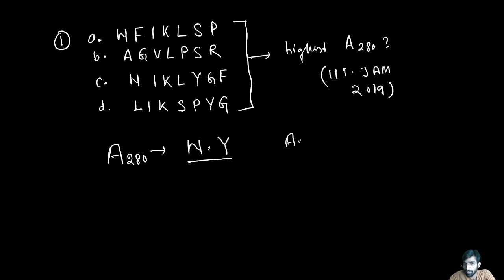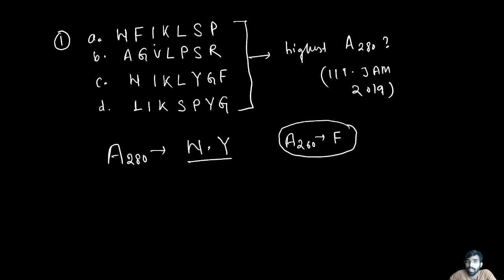Another amino acid is mainly absorbed at 260, but it will also absorb some at 280. Tryptophan and tyrosine are mainly related to A280.